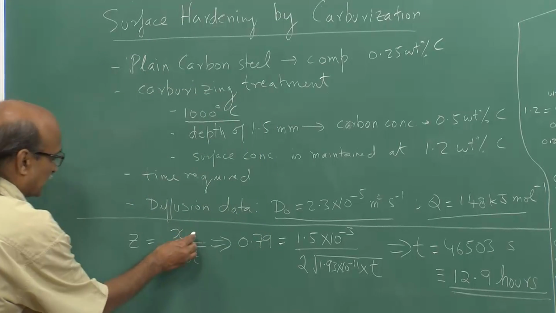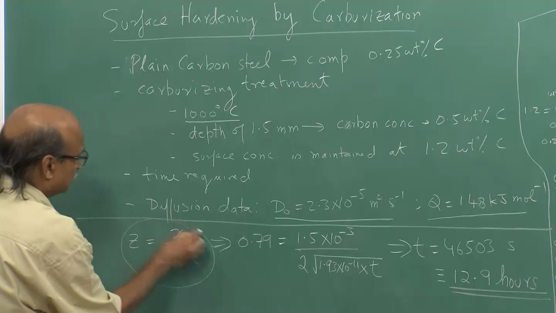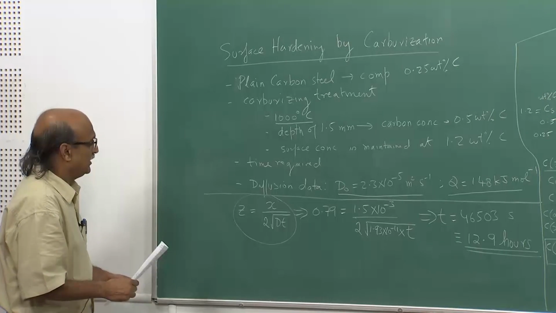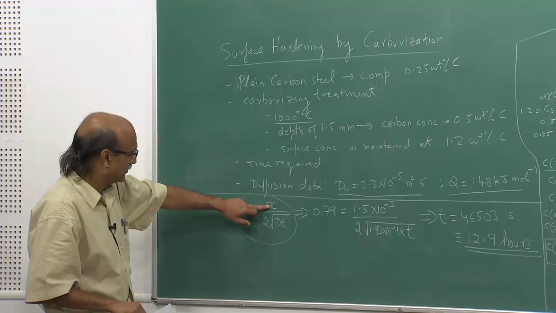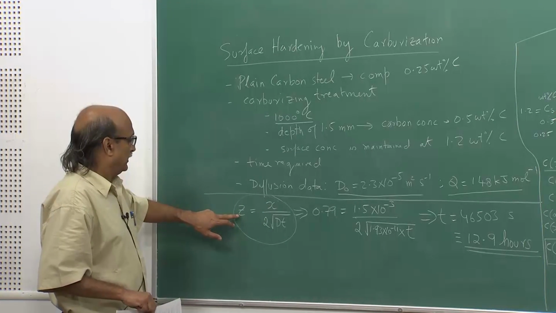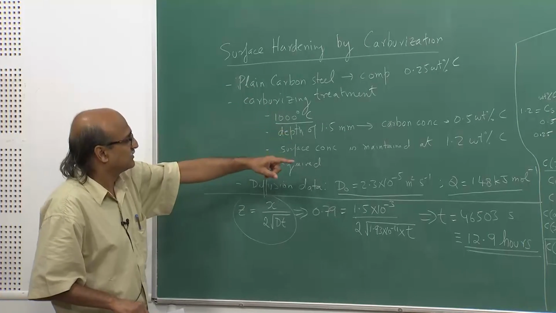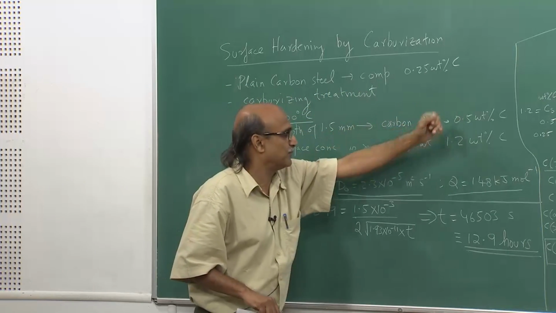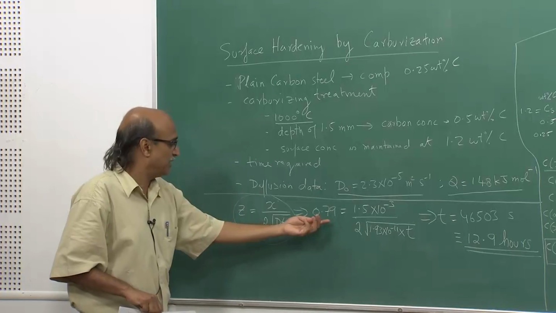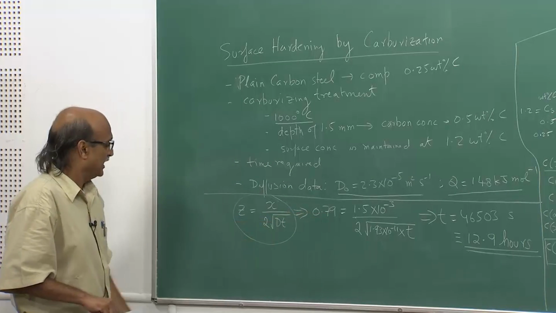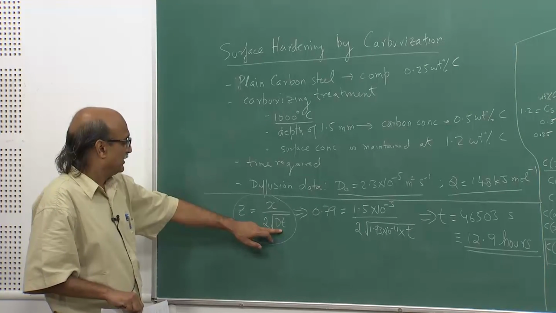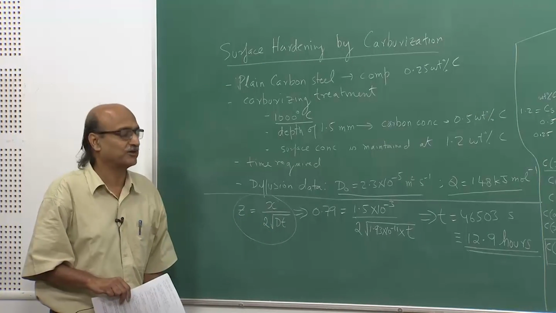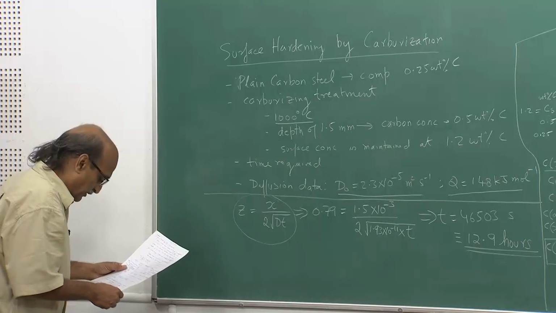Well, I just have to look at this. If I double the depth, that means x is becoming 3, and in order to get the same concentration of 0.58%, the value of z would still remain 0.79. Hence, if I double this depth, the time will have to be increased by a factor of 4.